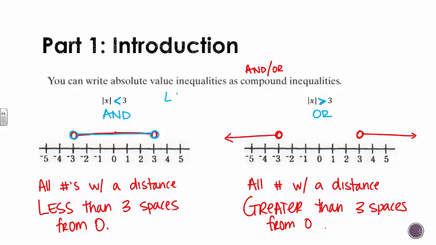So less than is "and", greater than is "or". Less thAND, greatOR, however you want to remember it. This is just simple memorization. I'm going to show you mathematically why it works out like this, but it'll be easier to just memorize.